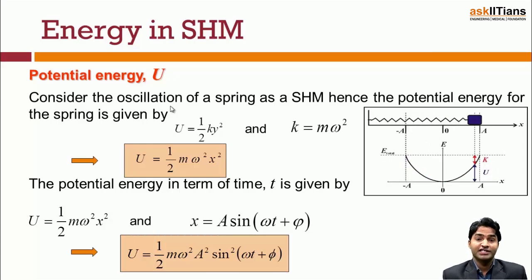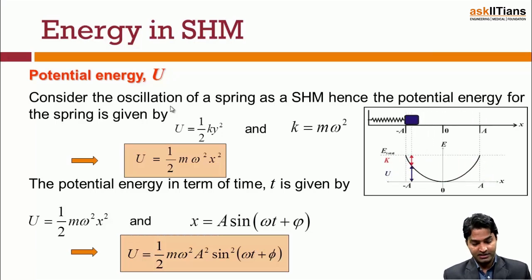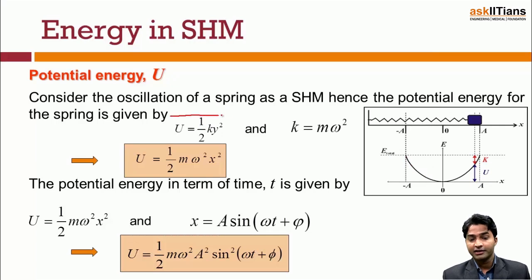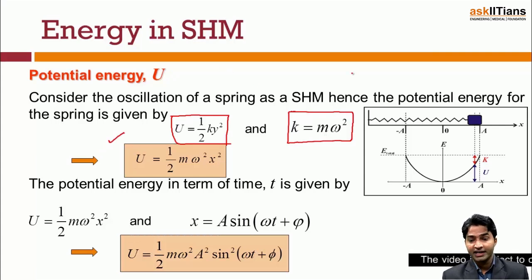It is x square if the motion is along the x direction and y square if it is along the vertical direction. So we calculated potential energy U is equal to 1 by 2 ky square if the motion is along the vertical direction, where the spring constant k can be considered as m omega square, where m is the mass and omega is the angular frequency of the system. That's why we get U equal to 1 by 2 m omega square x square.